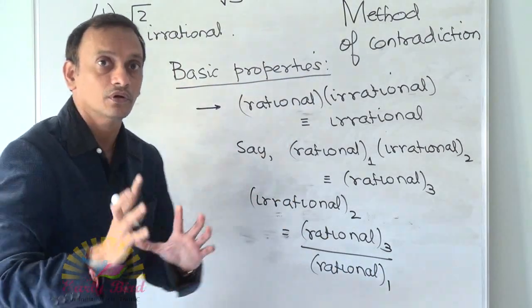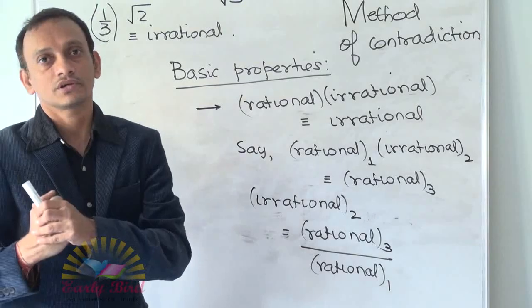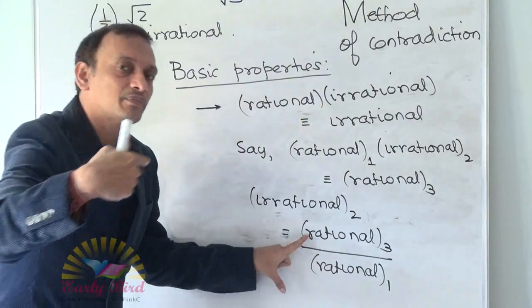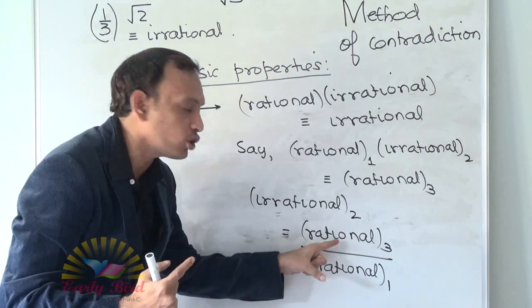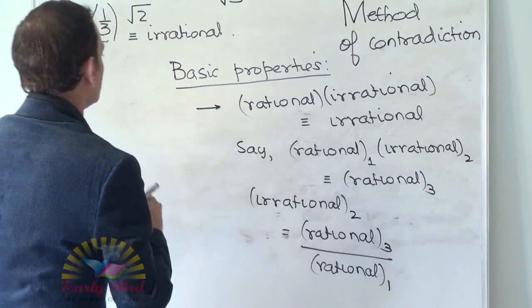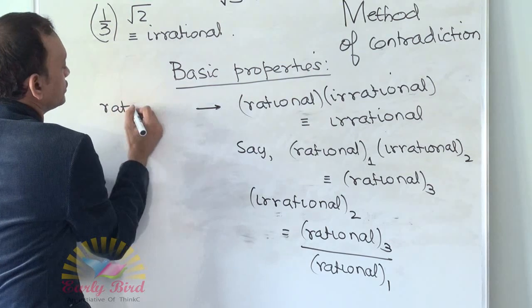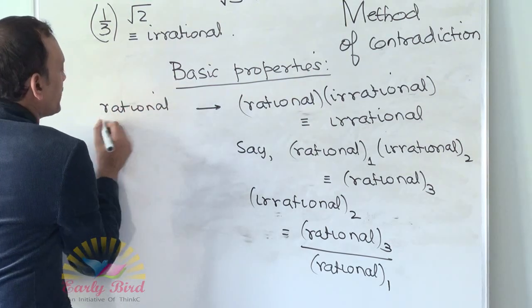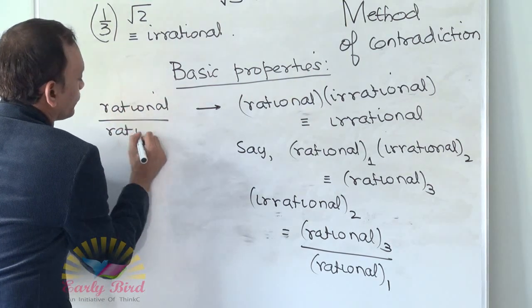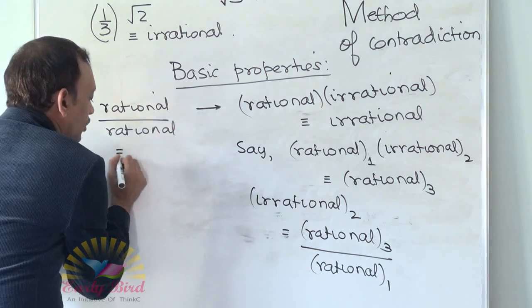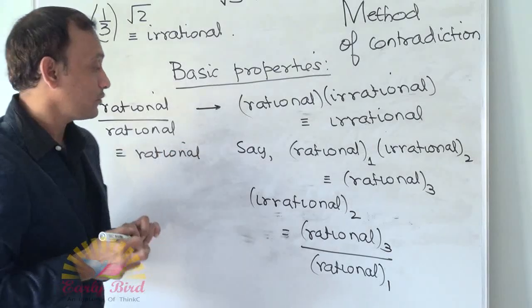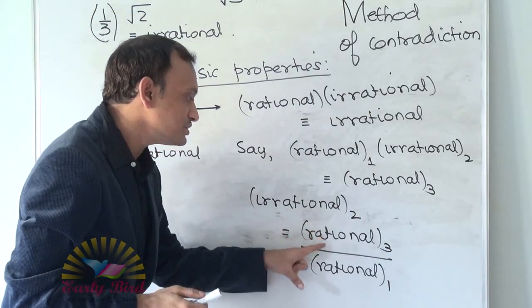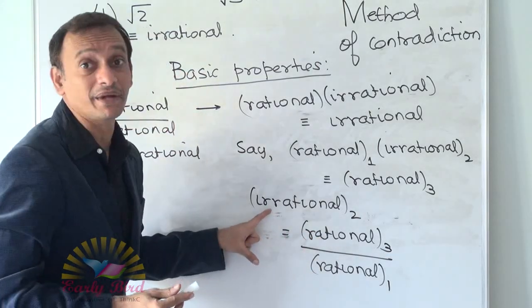Now, what's the element that's bizarre here? In our previous section, we learned that the ratio of two rational numbers will always be rational, isn't it? But what have we obtained from this? A rational divided by another rational, we end up getting an irrational.